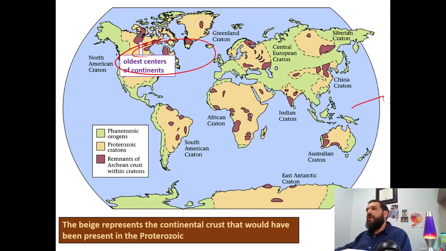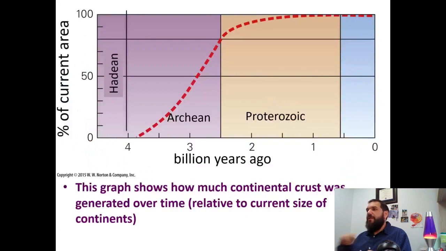Okay, so anyway, here is your beautiful graph showing the amount of continental crust, percent of the current area of the continental crust, and how old it is. Okay, so you can see that if we look at the percent of the current area, it was starting to be actively built starting in the Archean.